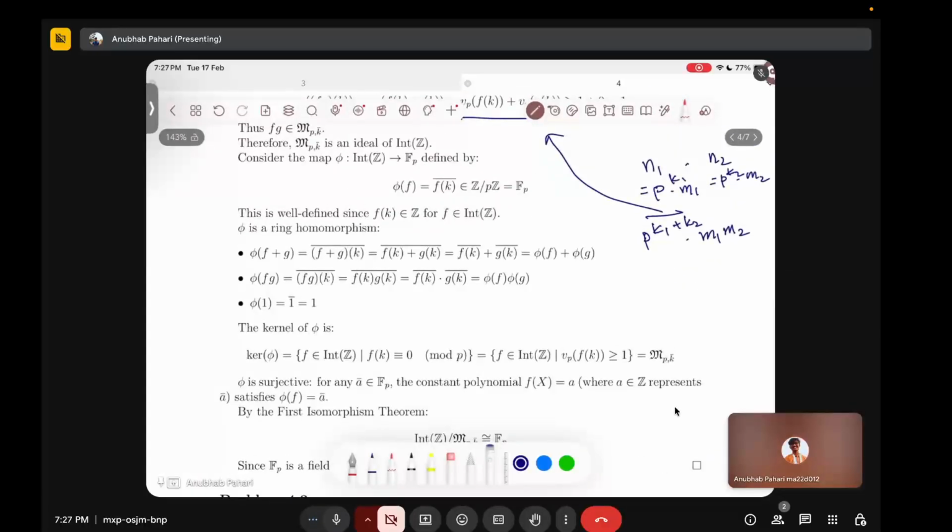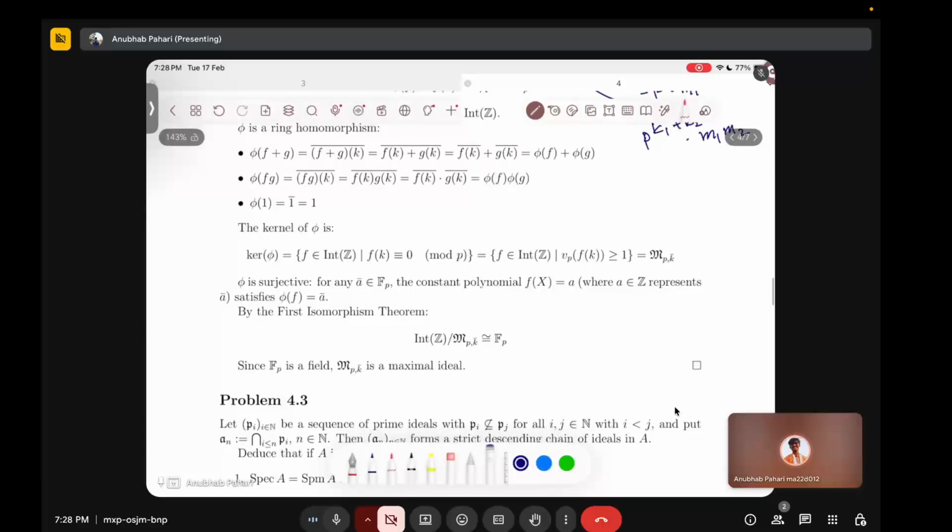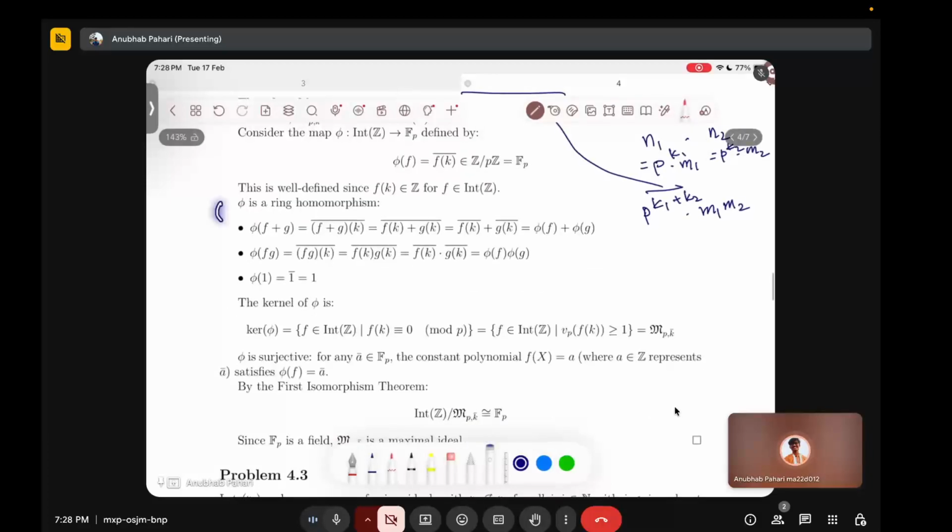And we need to show that phi is a ring homomorphism, but this is clear again, since phi of f plus g is (f plus g)(k) mod p, which is f(k) mod p plus g(k) mod p, which equals phi of f plus phi of g. And phi of fg equals (fg)(k) mod p, which is again f(k) g(k) mod p, which is phi of f times phi of g. Therefore it is a ring homomorphism, which is an easy check, you can check it yourself.